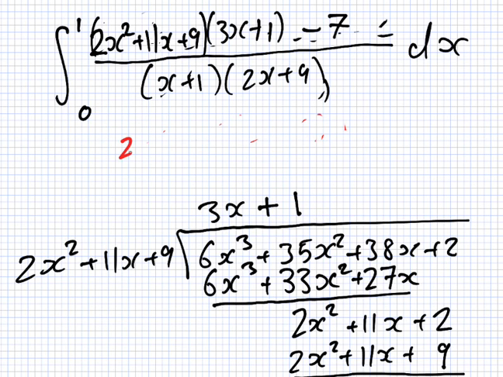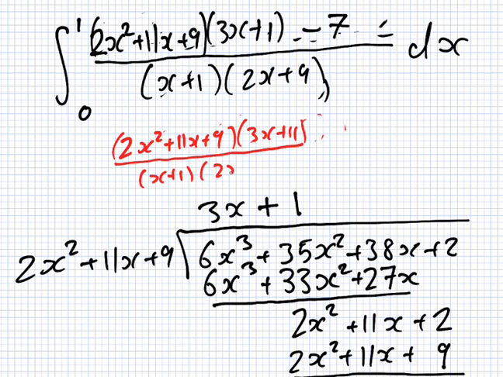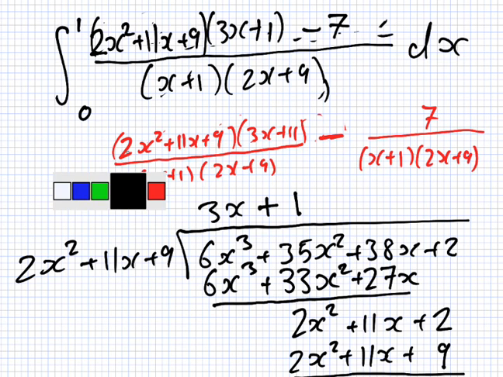So we have 2x squared plus 11x plus 9 times 3x plus 1 over x plus 1 times 2x plus 9, minus 7 over the same thing, x plus 1, 2x plus 9. And I won't bother writing the integration in just yet, but it's still integrated, of course. Isn't it 3x plus 1? Yeah, sorry, it's my handwriting here. That's a 1 there.